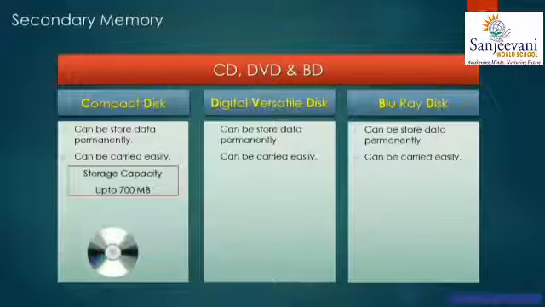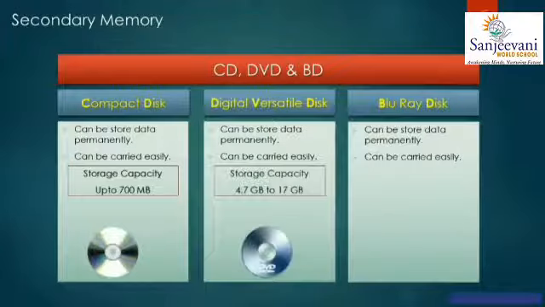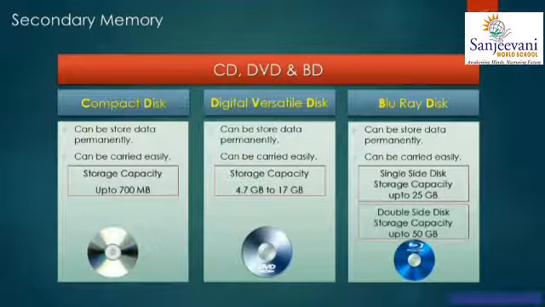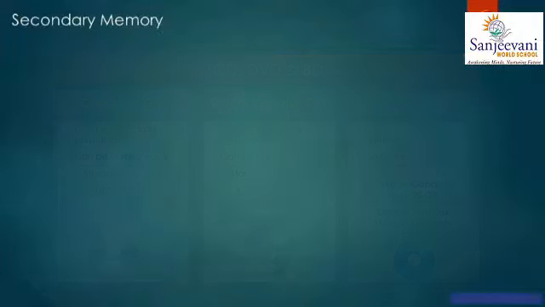A CD can store data up to 700 MB, whereas a DVD can store 4.7 GB to 17 GB. Blu-ray disc comes in two types, one single side, which has a storage capacity of 25 GB, whereas a two-sided disc will store data up to 50 GB.